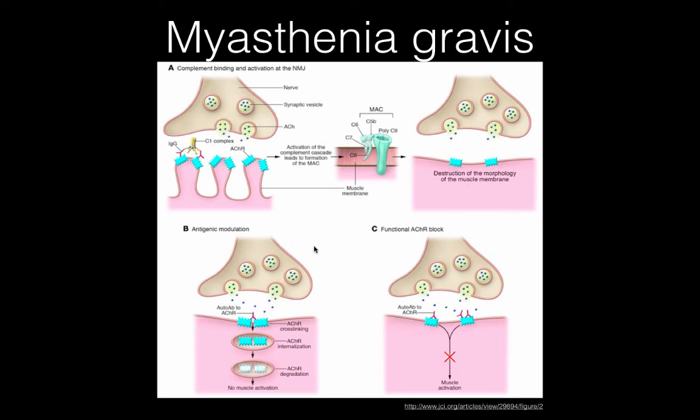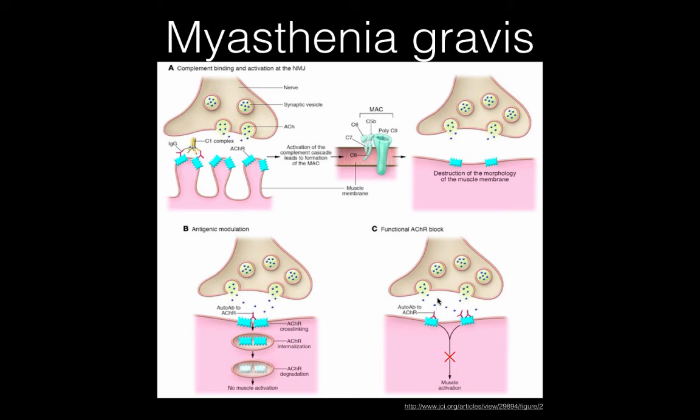Another way that myasthenia gravis could occur is that this autoantibody could cause cross-linking of the acetylcholine receptor, causing the receptor to internalize and become degraded, and therefore not allowing for any further muscle activation.